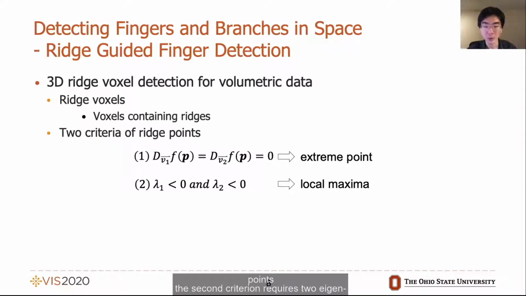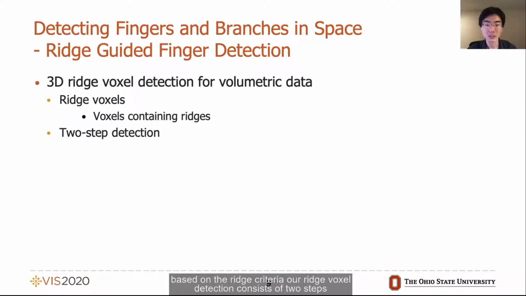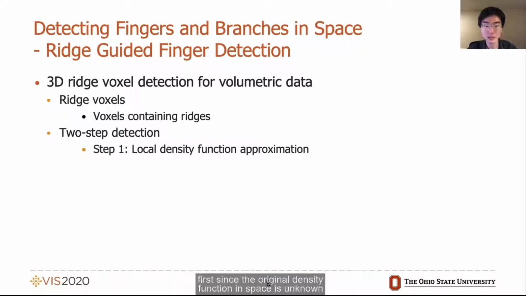The second criterion requires two eigenvalues of the Hessian matrix defined at detected points to be smaller than zero, ensuring the detected extreme points are local maxima in 2 dimensions. Based on the ridge criteria, our ridge fossil detection consists of 2 steps. First, since the original density function in space is unknown, we approximate the density function.